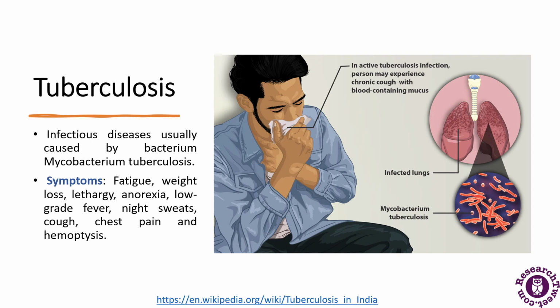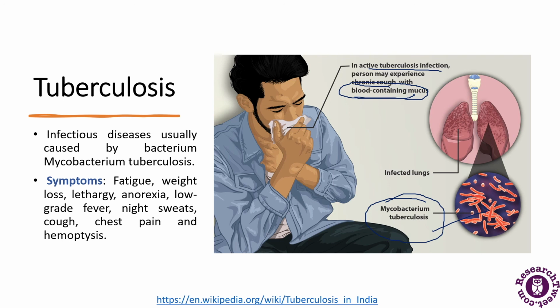You can see here that the person is having an active tuberculosis infection. The person may have a chronic cough, which may last for about 1 or 2 years, with blood-containing mucus. When they sneeze or cough, blood comes out. This is an infected lung, and Mycobacterium tuberculosis is represented here in a magnified view.